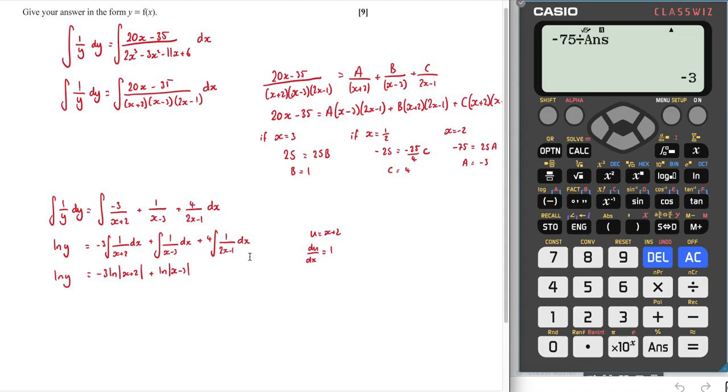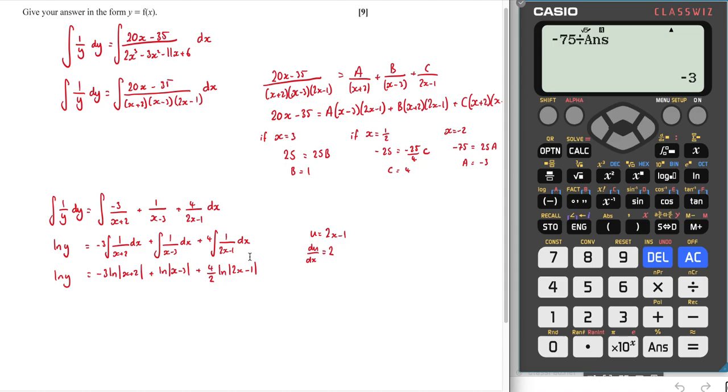And then the last one's a smidge trickier because you've got that 2x in there. So on that one, let's just change my x's and so on. I've got 2x minus 1, so du by dx is 2, so dx is a half du, so I actually get plus 4 over 2 ln of the modulus of 2x minus 1. It's a general solution, so I'm going to have a plus c on the end of this.